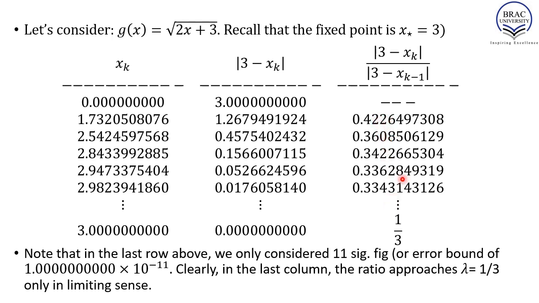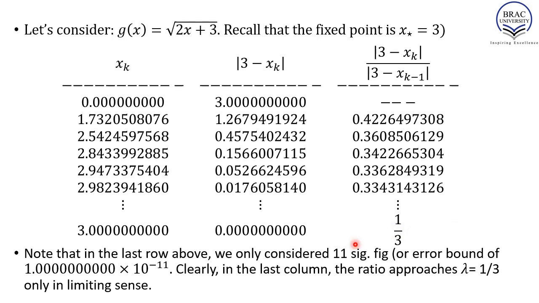Third column, the ratio, is also decreasing. The important point here is the following: as xk approaches the fixed value 3, the error approaches 0, and the ratio approaches a fixed number, 1/3. Actually it is 0.33333 something.